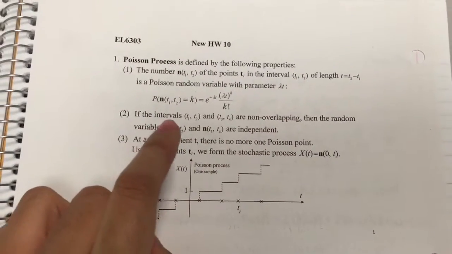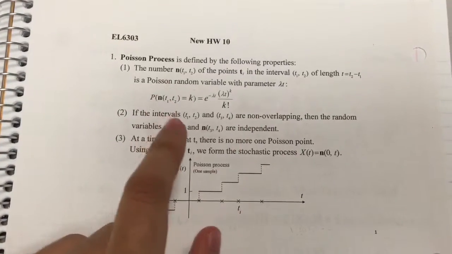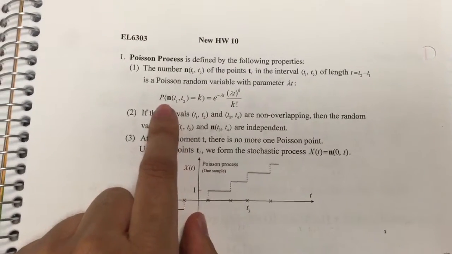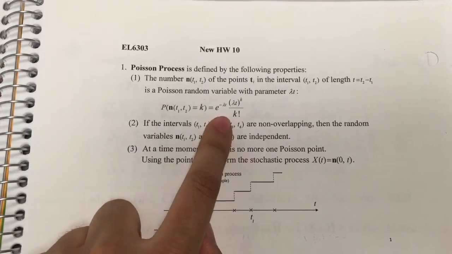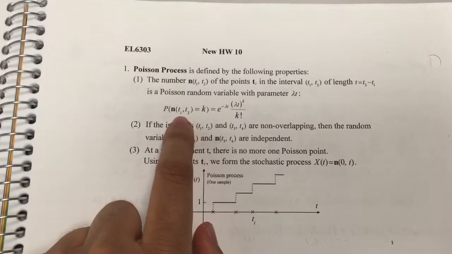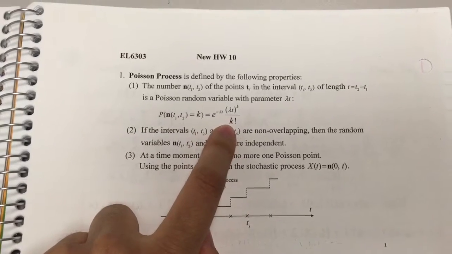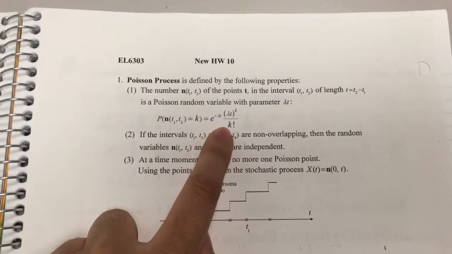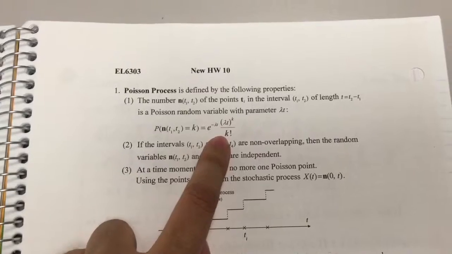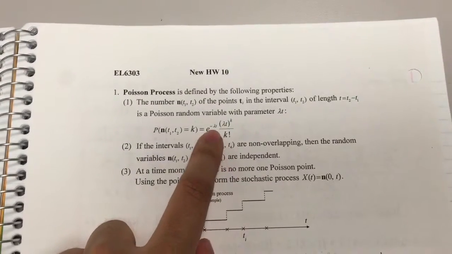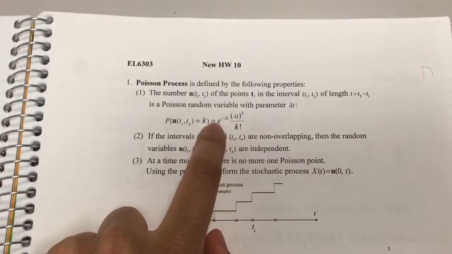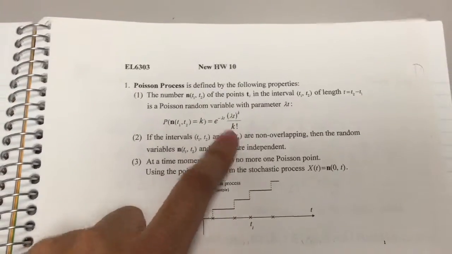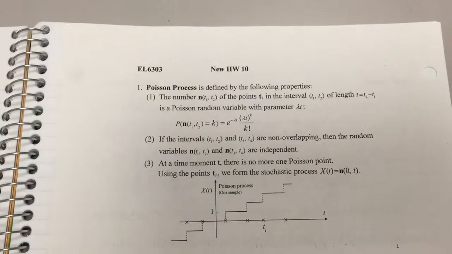So you treat lambda t as one entity, and this is the equation for the Poisson random variable. It's really similar to the Poisson distribution, except that instead of just lambda, this is lambda t. So this equation is pretty much the same, except you have an extra t.